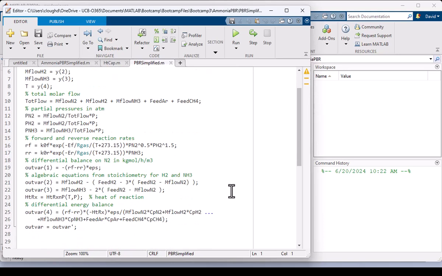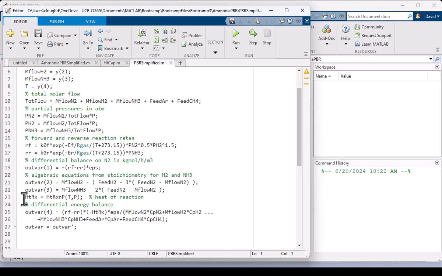And then we come down and we specify our variables, the rate of change of nitrogen with respect to volume. That's our differential equation there. And then we have our 2 stoichiometric requirements, both set equal to 0.